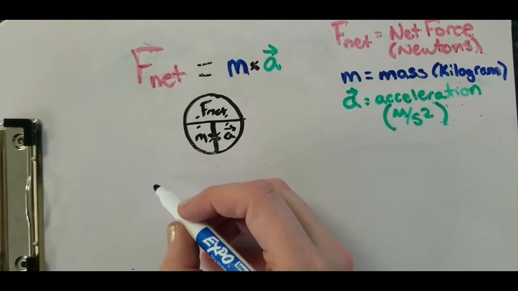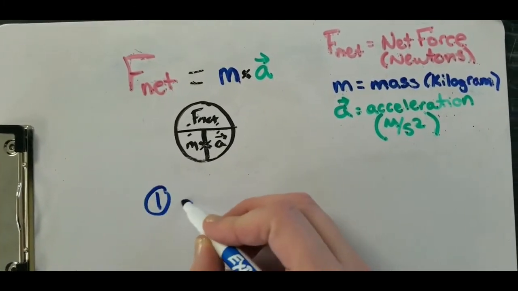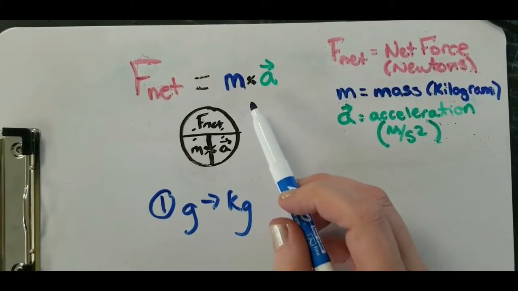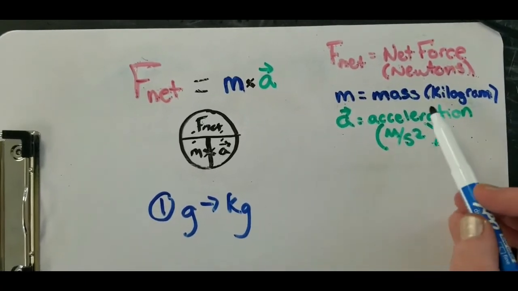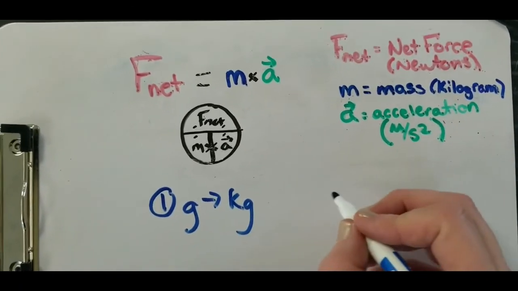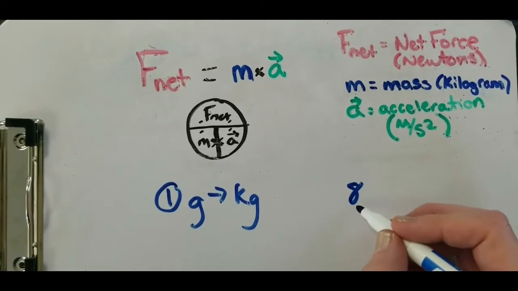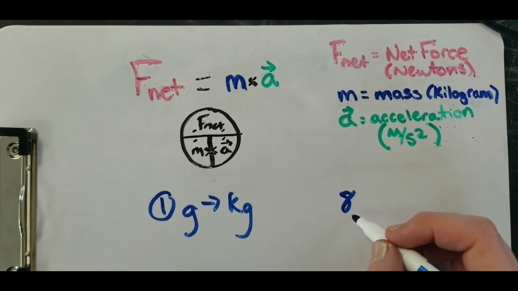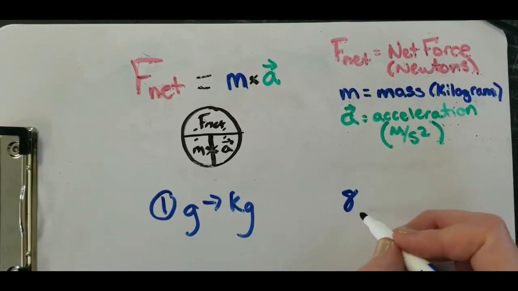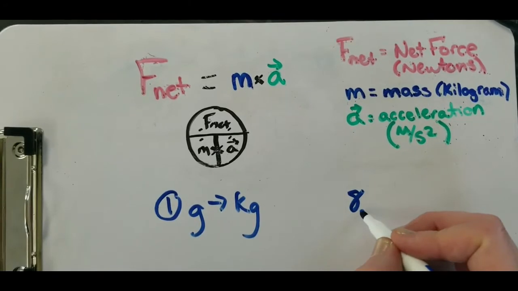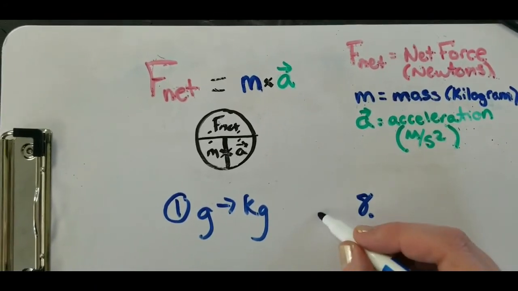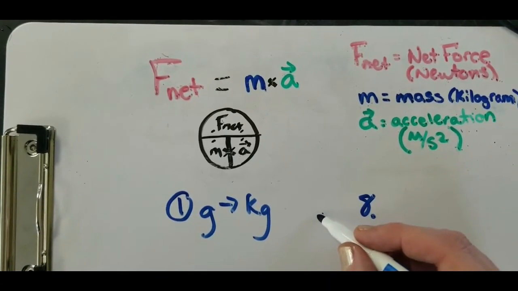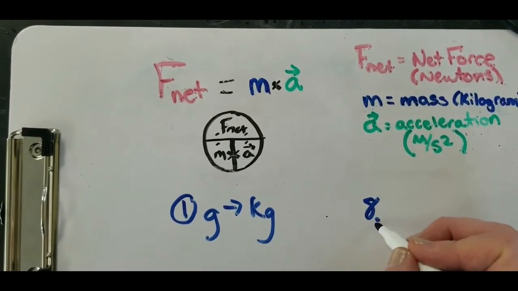First thing we need to do for this problem is convert grams to kilograms, because with Newton's second law equation, mass will always be in kilograms. An easy way to do this is if I remember the metric prefixes, which I remember using the acronym King Henry died by drinking chocolate milk. By is our base unit, and then we go this direction towards K, which is kilograms, or king in the remembering device I used.